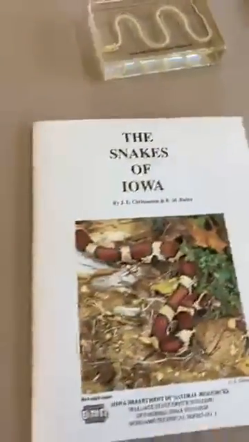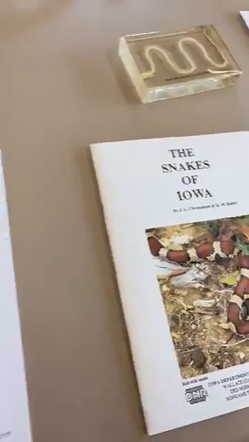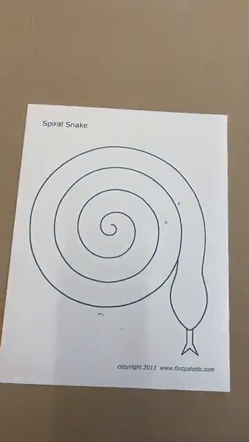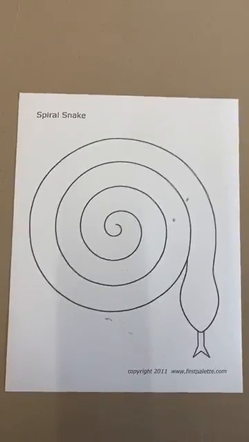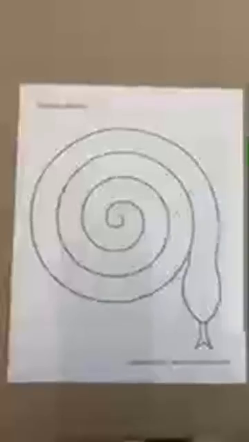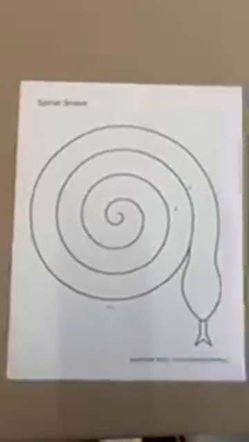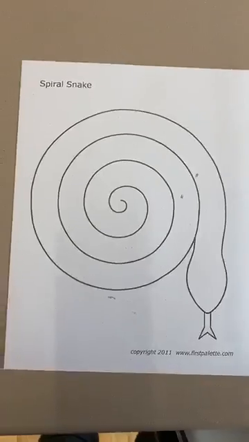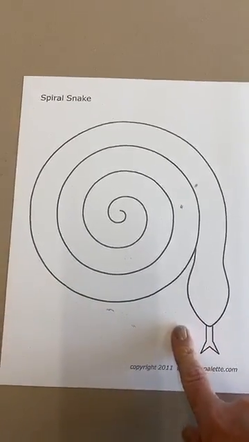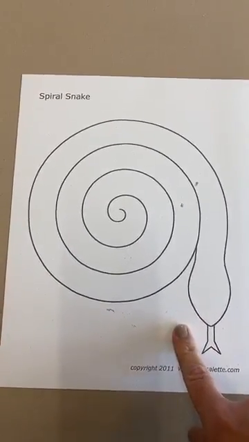Lots of great information. One thing that I will post in the comments here is a little craft for kids to do. So I'll post this picture or PDF in the comments. So if you are a kid or a mom or dad or someone watching some kids looking for something to do, this is a really neat, easy, simple snake craft to do.